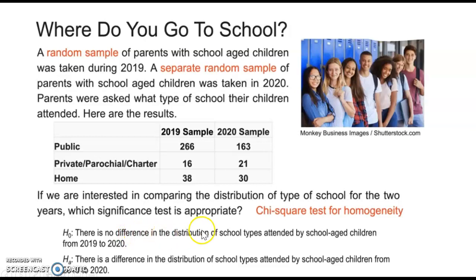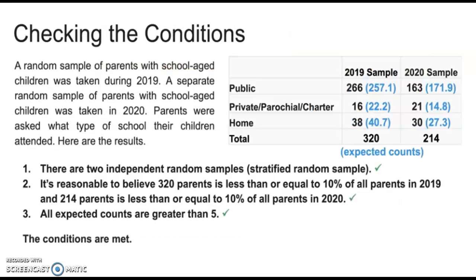Here we're trying to see, is there no difference? Well, the null hypothesis would be that there's no difference in the distributions of school types from 2019 to 2020. And then HA would be the opposite, in the sense that there is a difference between the distributions. Remember, we're dealing with categorical variables, so state your null and alternative hypotheses in words.